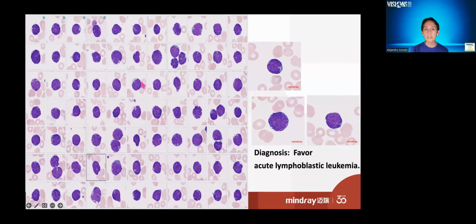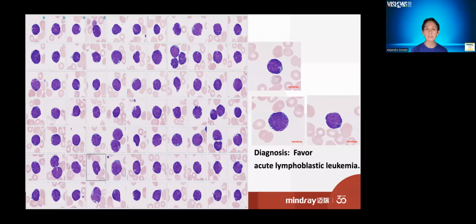And they are not completely spherical or round. You would see some convolution in the nucleus. The cytoplasm is agranular and very scant in amount. So this is the typical description of acute lymphoblastic leukemia. But of course, in the differential count, we are not really required to make an outright diagnosis based on a peripheral blood smear.